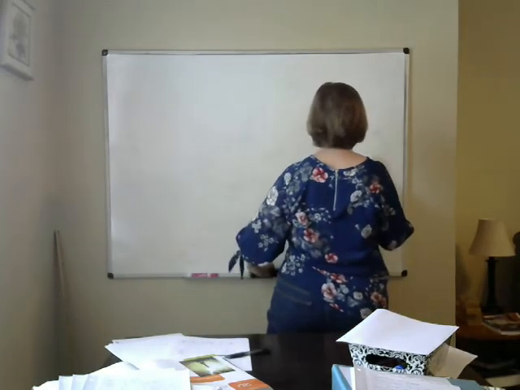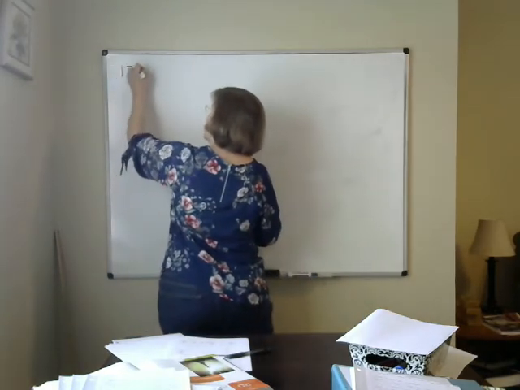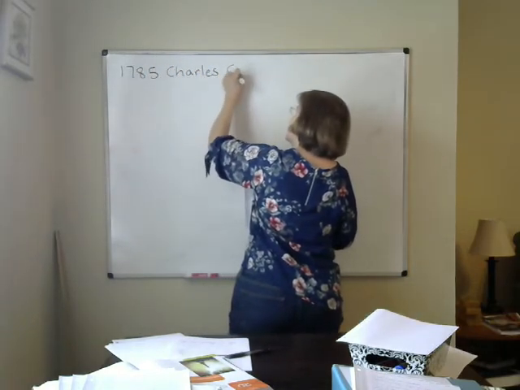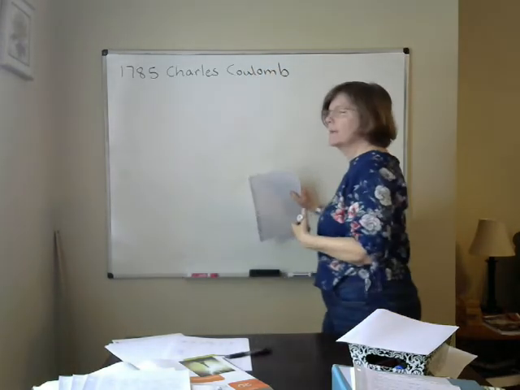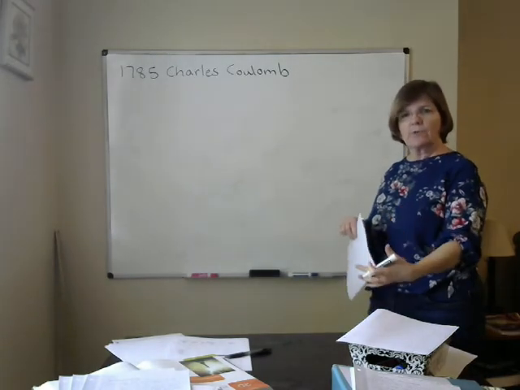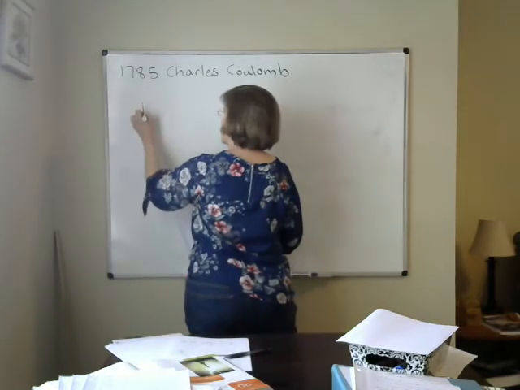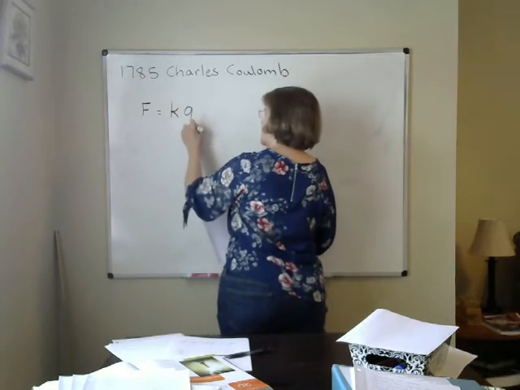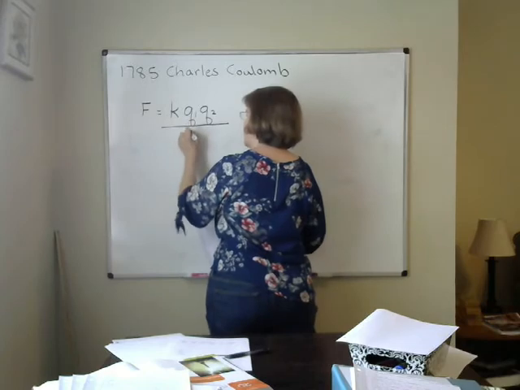Well, in 1785, there was a man named Charles Coulomb. And Charles Coulomb came up with a formula for how much force, the strength of this interaction between electric charge. His formula said that the force is equal to some constant K, Q1, Q2 over R squared.